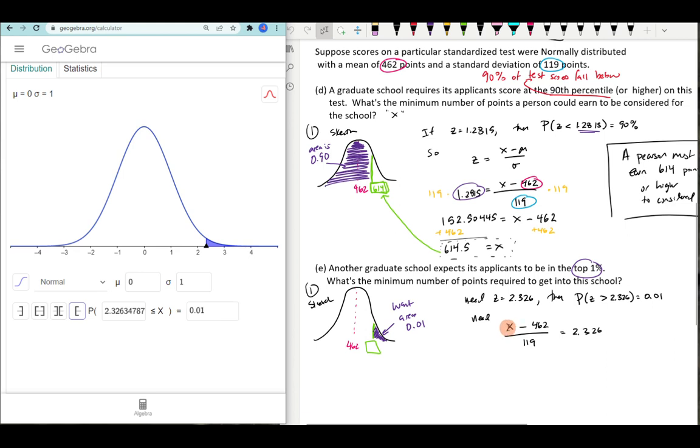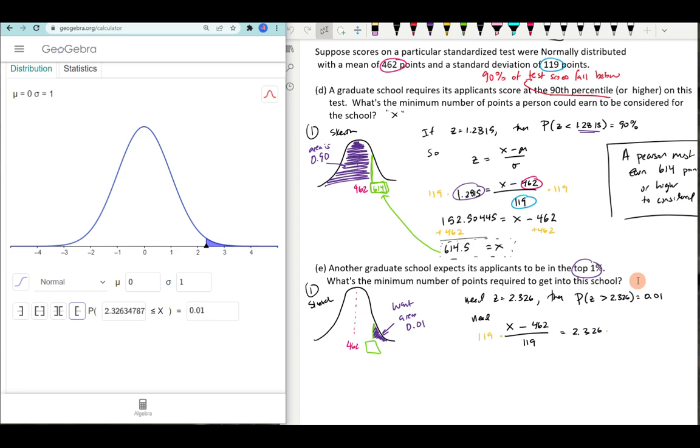I don't know what my data value is yet. That's what the question is asking. What observation do I need to ensure that my z-score is 2.326, which will ensure that the score is in the top 1%. So, like before, to finish this then, I just need to solve for x.